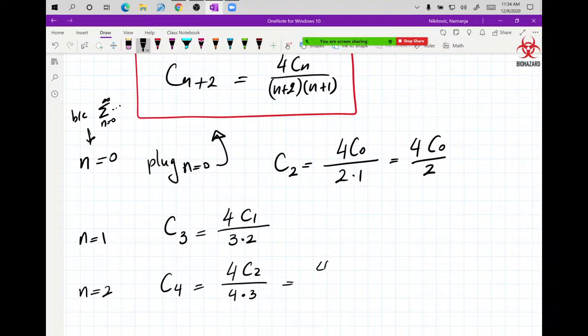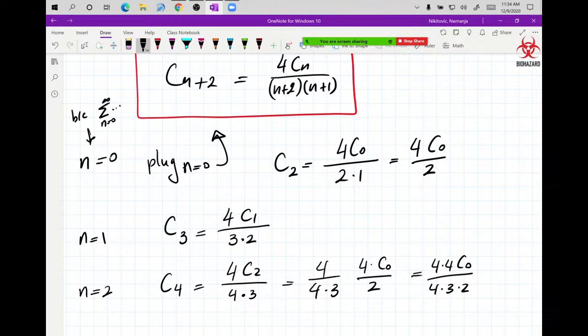Hold on. This is 4 over 4 times 3, and C2 was 4 times C0 divided by 2. So this is 4 times 4C0 divided by 4 times 3 times 2.